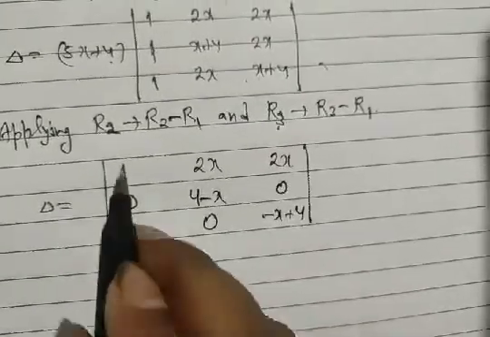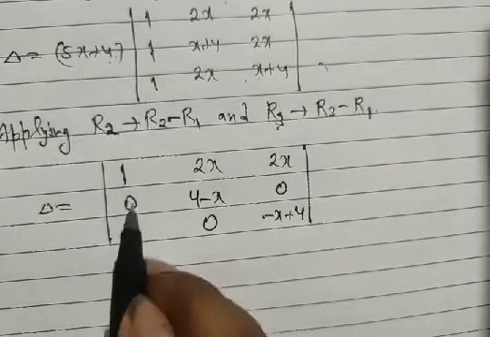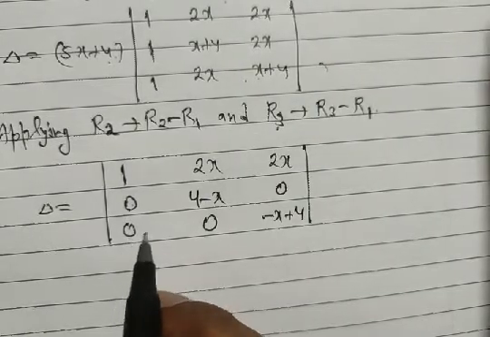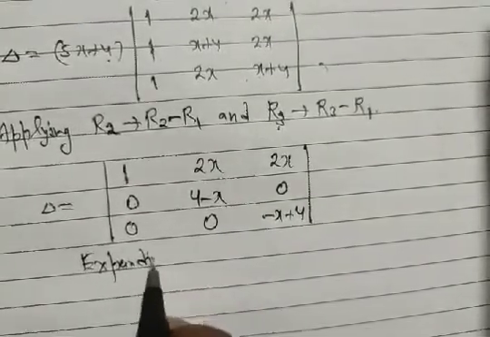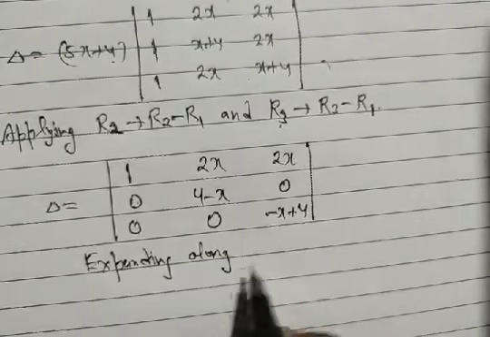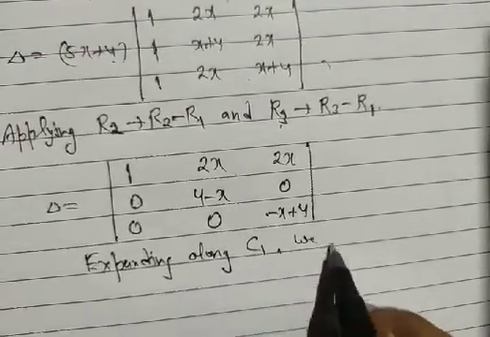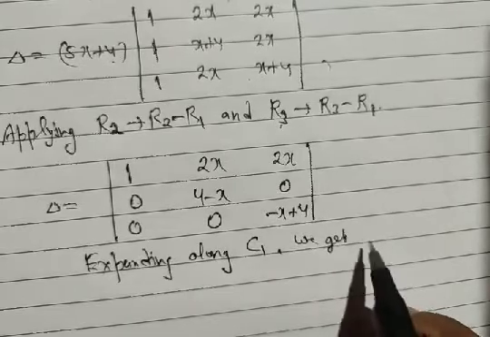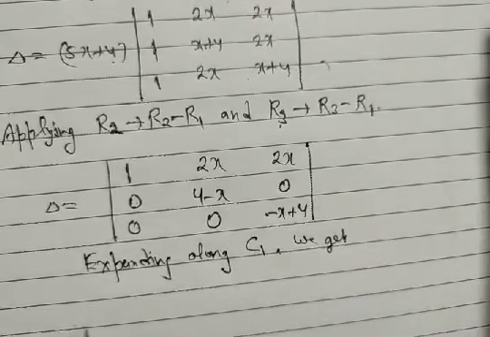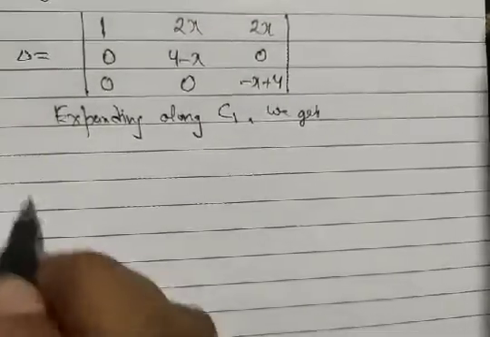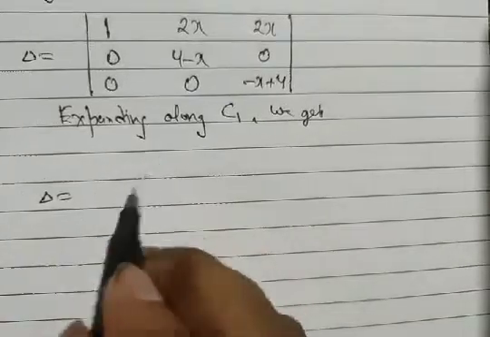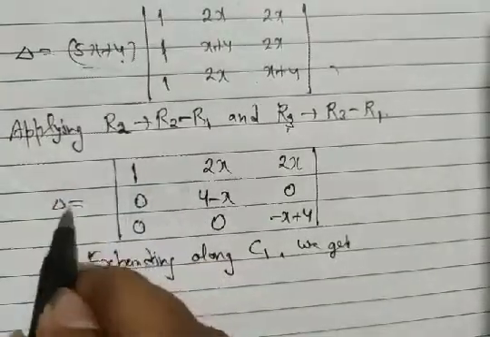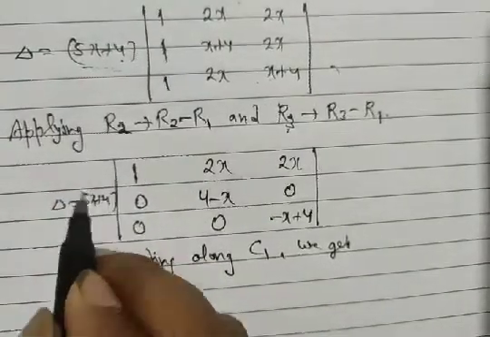Now we see that we get two 0s in the first column. Now we are free to expand along C1. So delta is equal to, expanding along C1, the 5x plus 4 that we noted down, write down 5x plus 4 here.